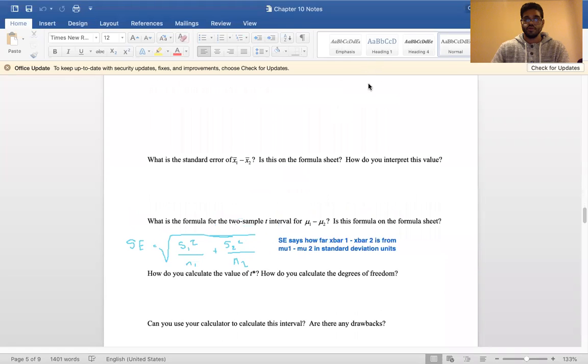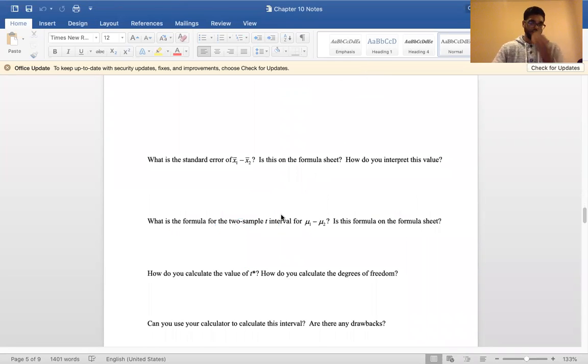Okay. So now, how do you calculate the t critical value? Well, one before that, sorry. What is the formula for the confidence interval for mu1 minus mu2? Write this out. So here we're going to have, again, remember statistic plus or minus critical value times standard deviation.